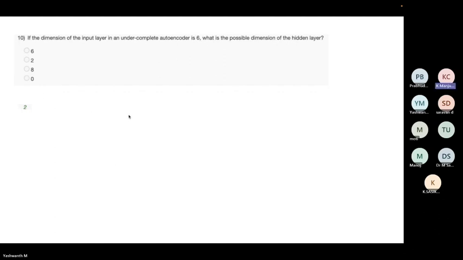When you say undercomplete, that means input is greater than your hidden size.